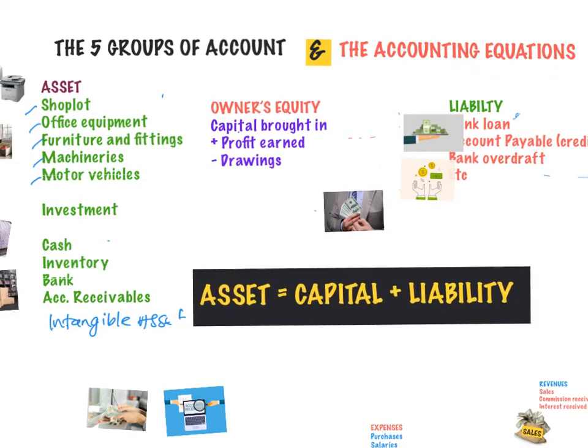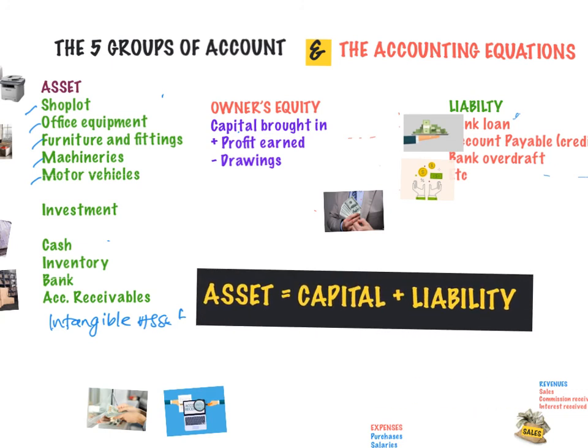Okay, let's see. This is the accounting equation. So as you can see just now, when we have owner's equity here, plus the liabilities, then you will get the assets.